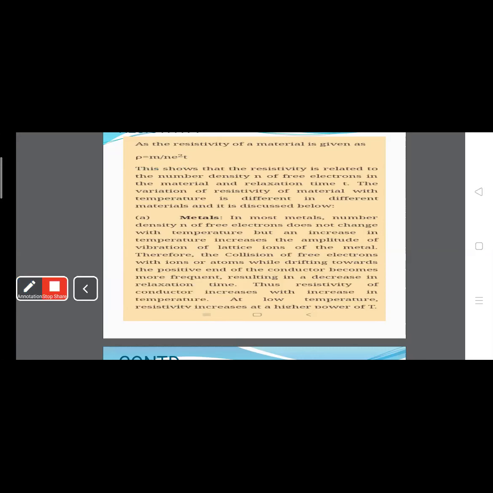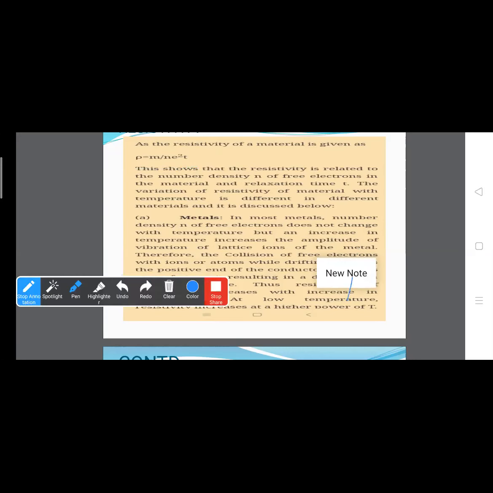So for metal, in most metals, the number density of free electrons does not change with temperature. Okay. But an increase in temperature increases the amplitude of vibrations. In metal, vibrations of the atoms increase.